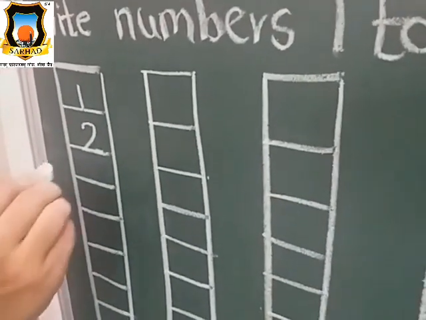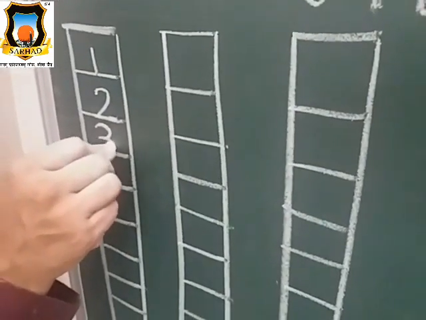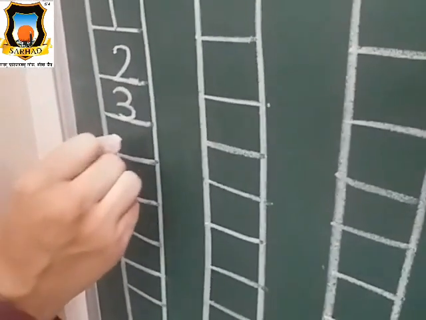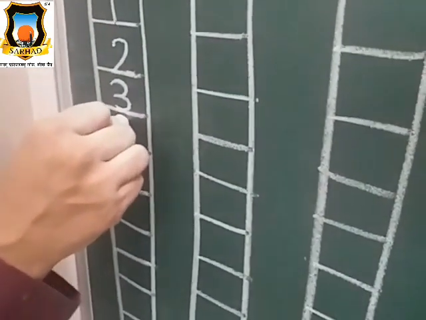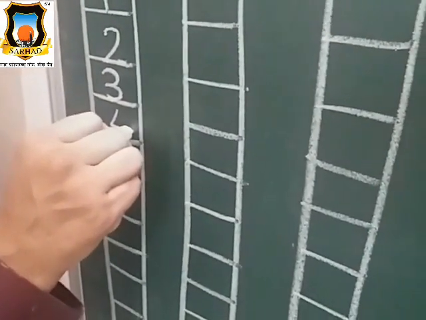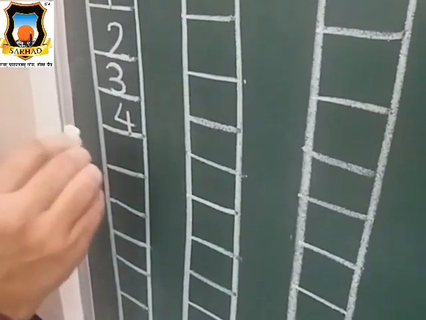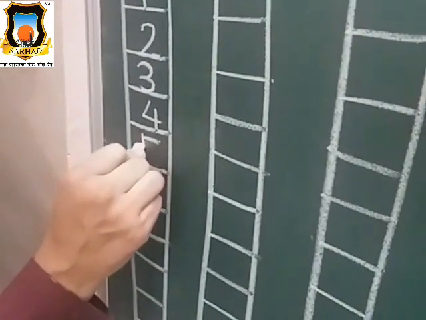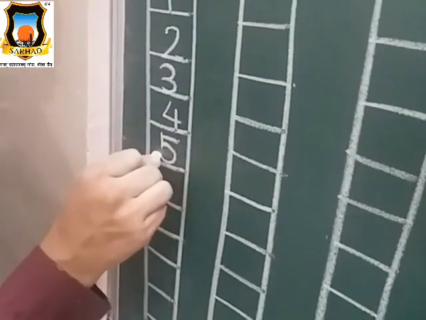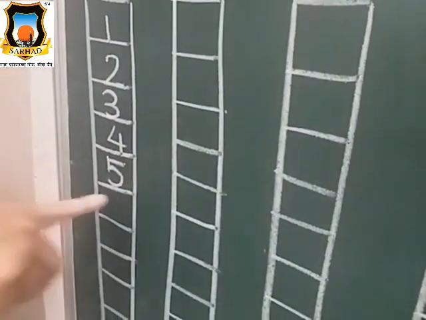The next number is 3. Very good. After that 4. So you have to write each and every number from the middle of the square and touch on bottom line. This is number 4. And which one is number 5? Okay.